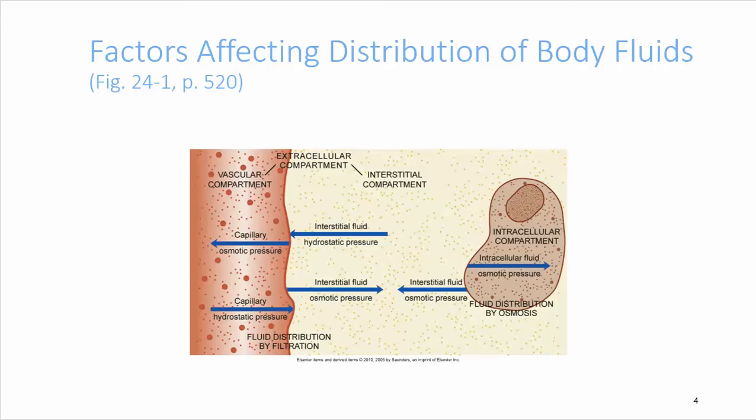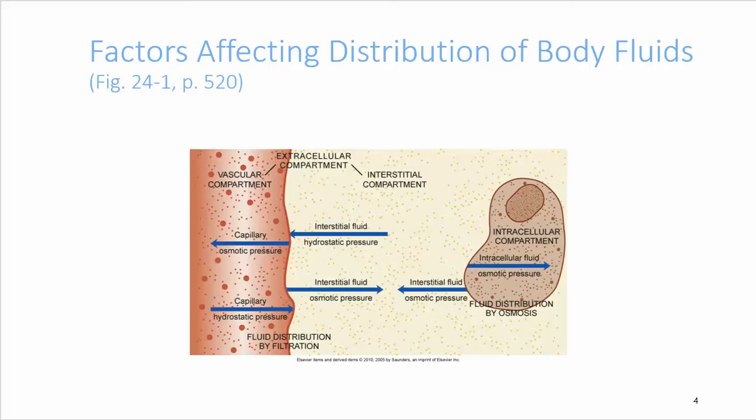So what moves this? It's basically some sort of combination between hydrostatic pressure, the pressure that the presence of the fluid has, which is a diffusion. So fluid moves from areas of high pressure to areas of low pressure. That's called hydrostatic pressure movement.